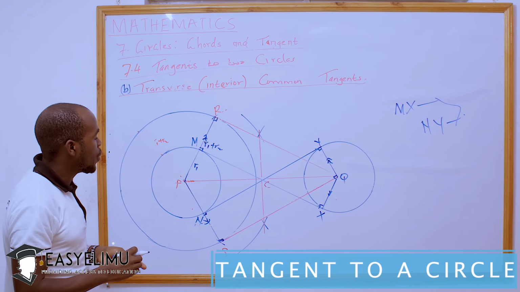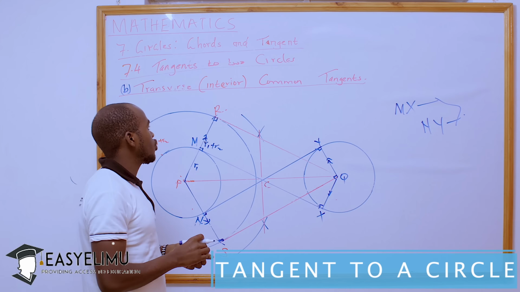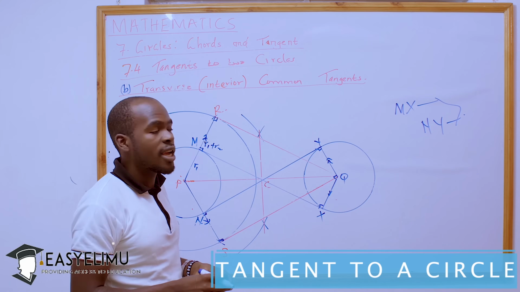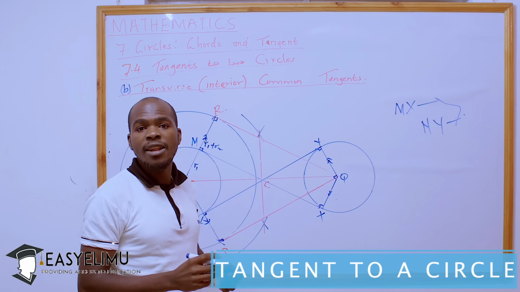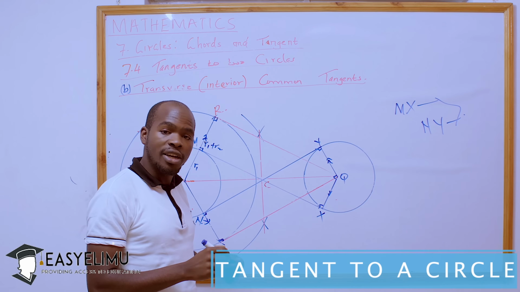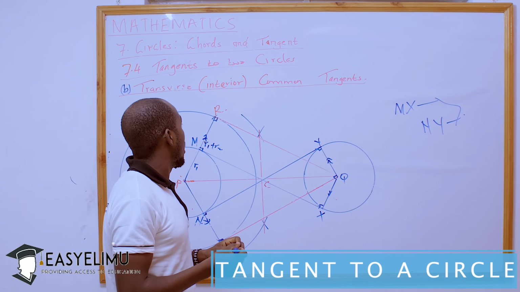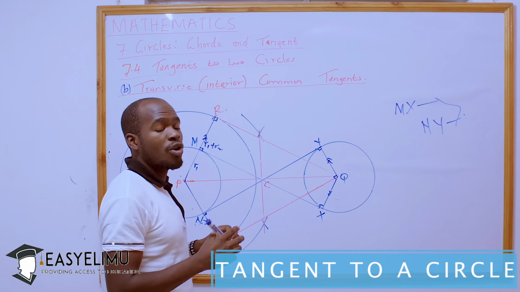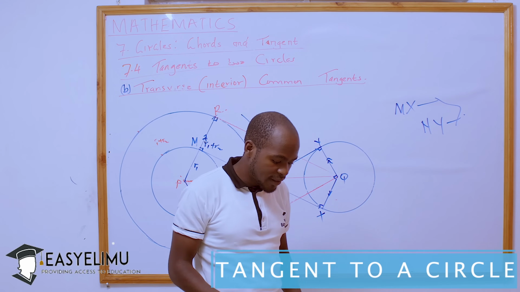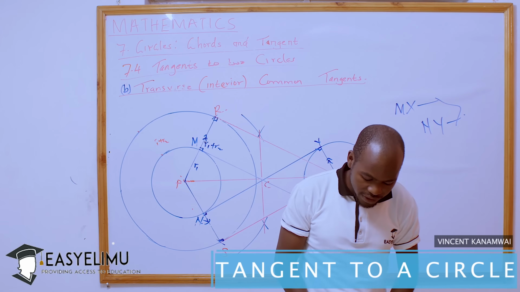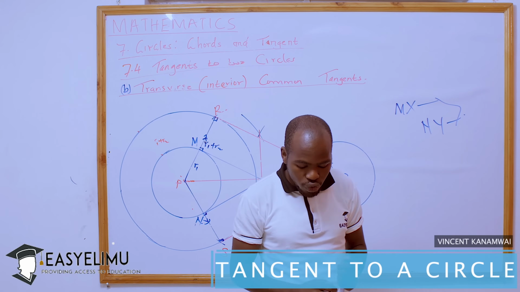So what we have drawn here is a transverse or interior common tangent. And if you are asked, that is the procedure for drawing a transverse or interior common tangent.